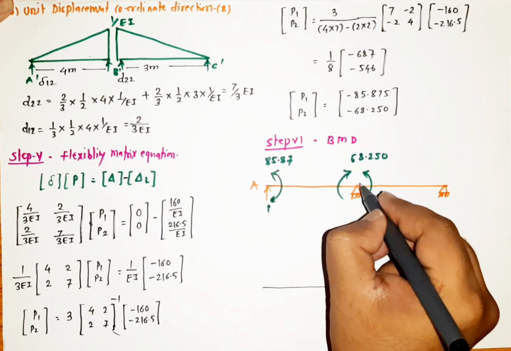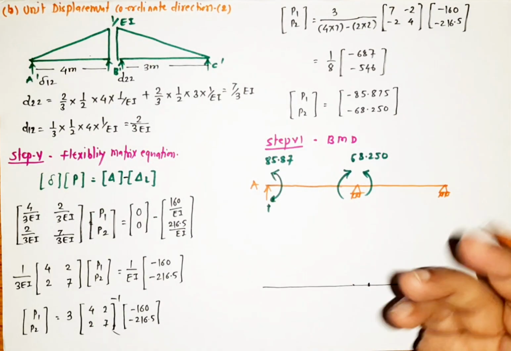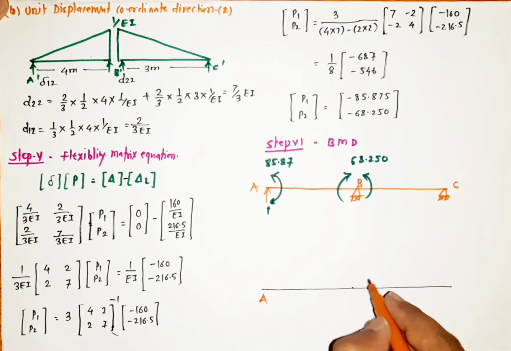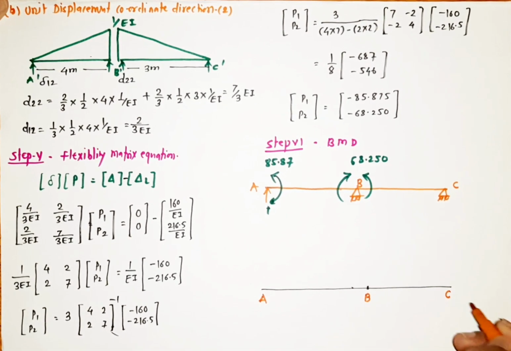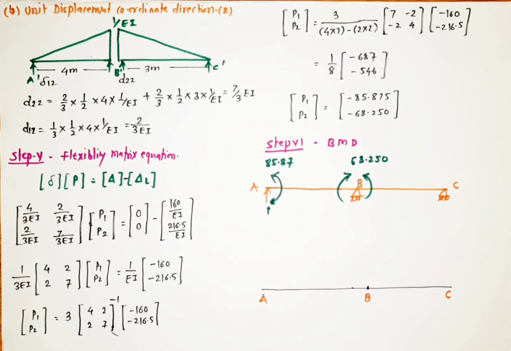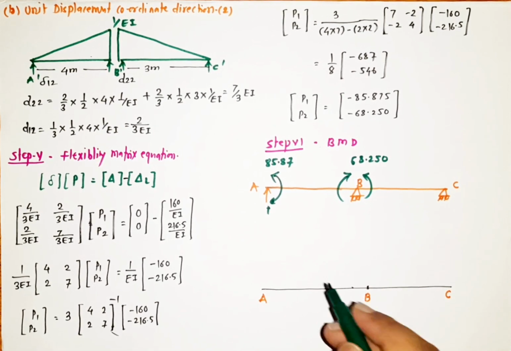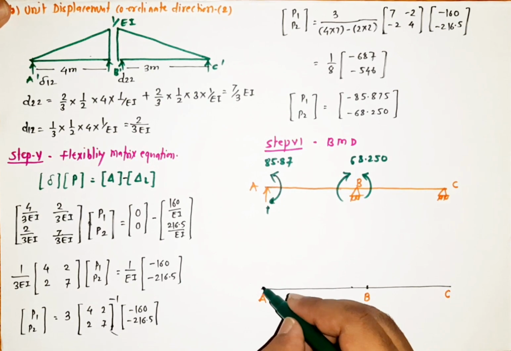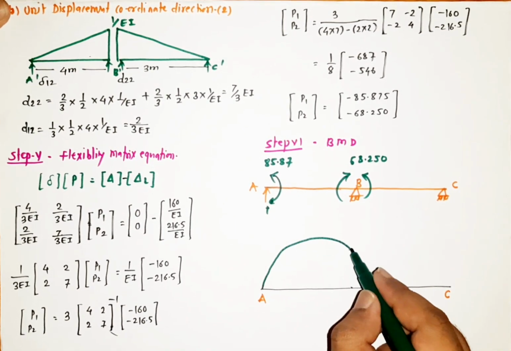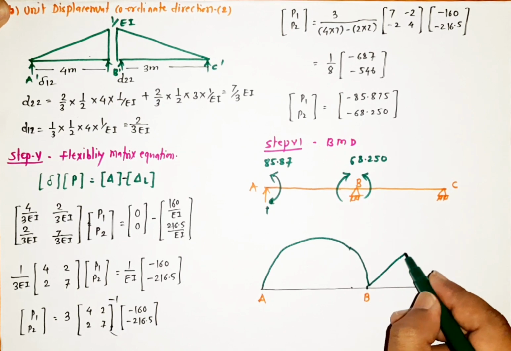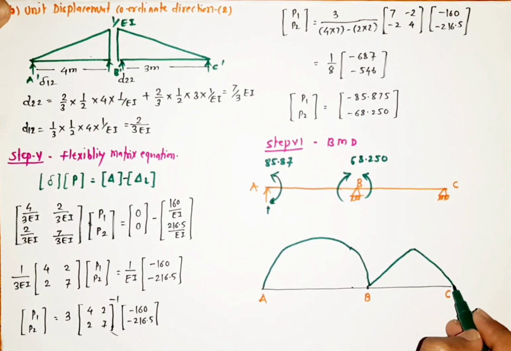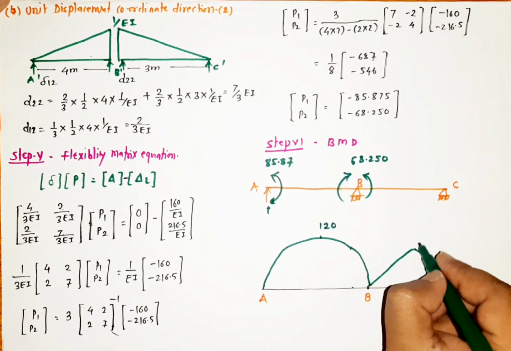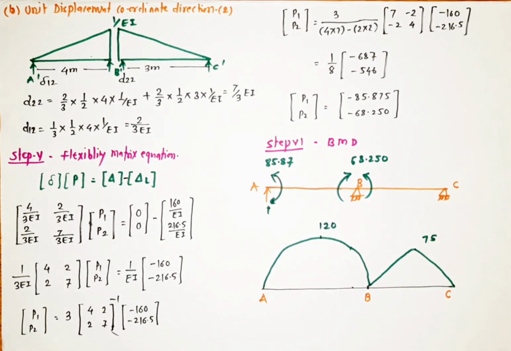This is A, this is B, and this is C. For AB, we already know the bending moment diagram which we calculated as a UDL simply supported beam. It will be 120 and 75.